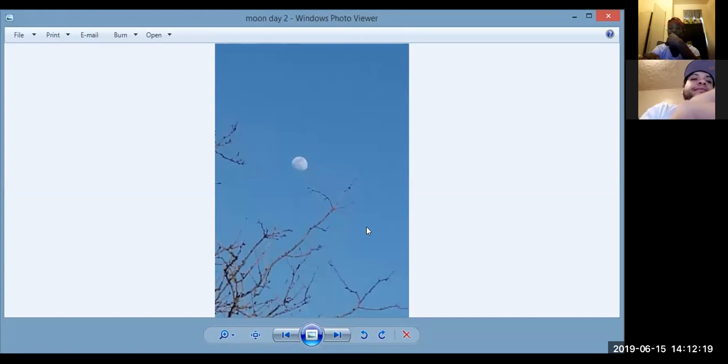Alright, now this is a picture that I took of the moon in broad daylight. About what time was that? How does this happen while the sun is out? Isn't someone supposed to be having the moon right now? I'm stuck.